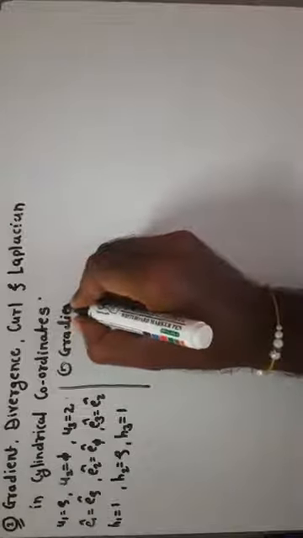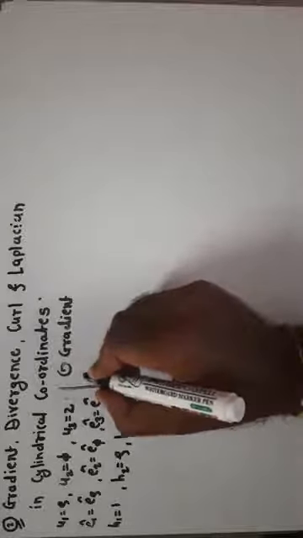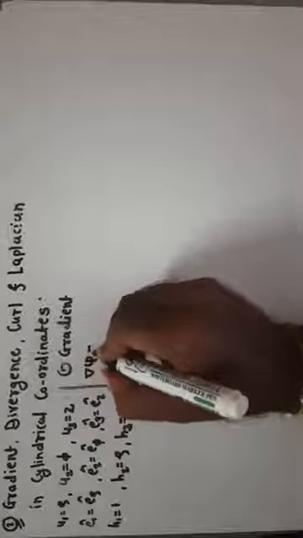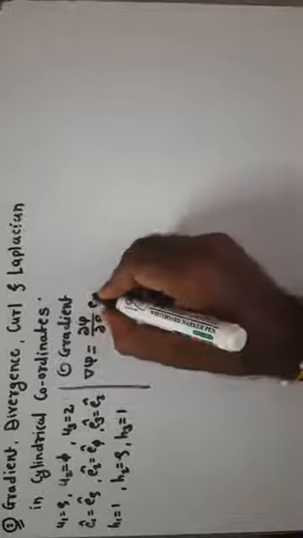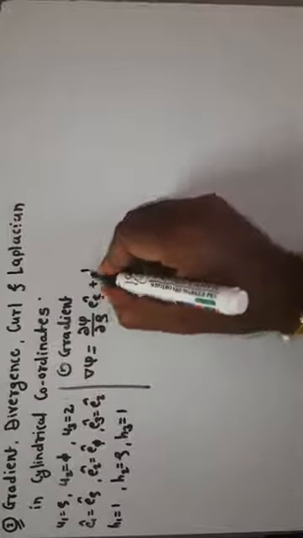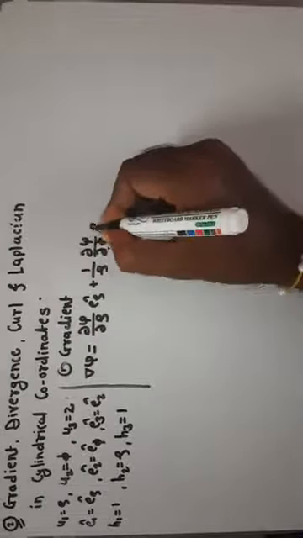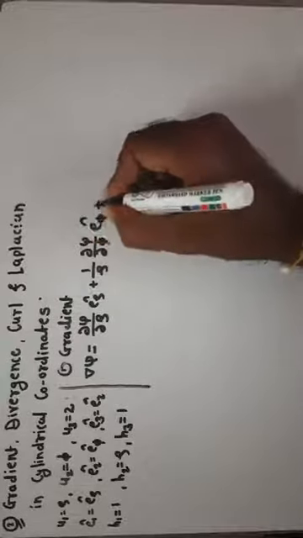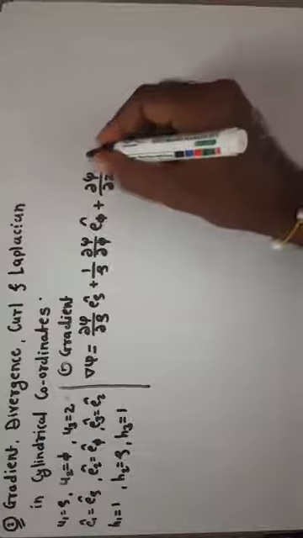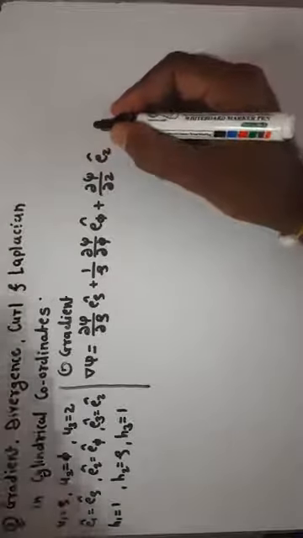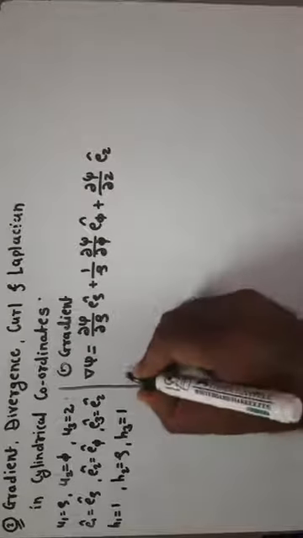Gradient operator, that grad psi is equal to dou psi by dou rho e rho cap plus 1 by rho dou psi by dou phi e phi cap plus dou psi by dou z e z cap, right? This is the gradient operator in cylindrical coordinate system.